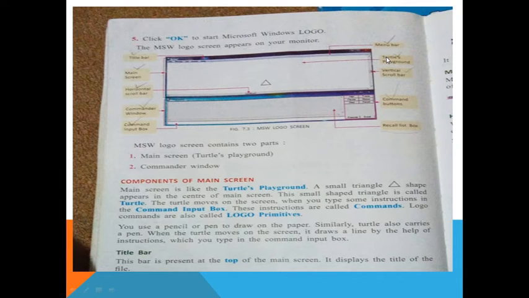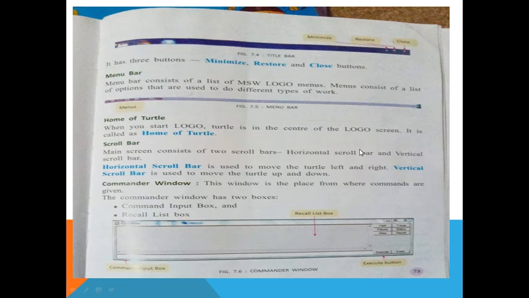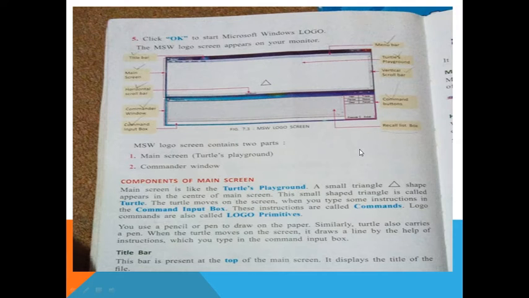The main screen is like the turtle's playground. A small triangle shape. See, can you see the triangle shapes here and here, both sides. This triangle shape appears in the center of the main screen. This small triangle shape is called the turtle.